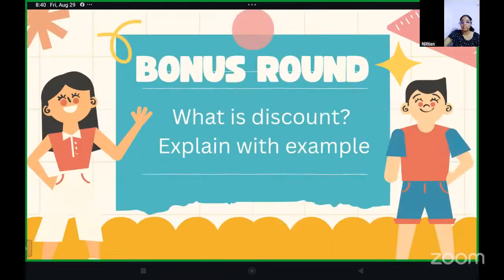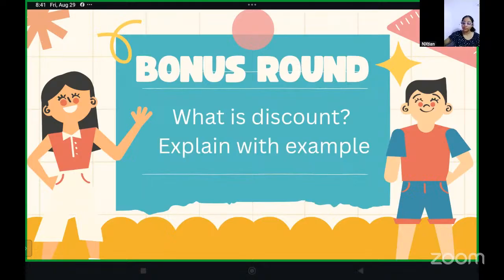What is discount? Explain with example. Discount is something like when you buy something, they say discount, so that means they reduce the price and you can buy it at a lower price.